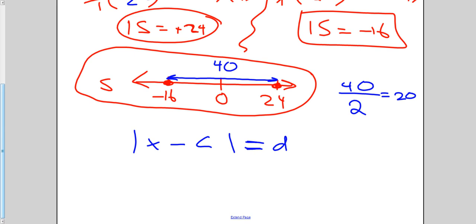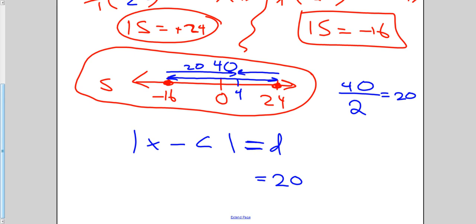And that's going to give me the distance away these end points are from their central value. So the distance away from the central value is 20. And so if I go 20 from negative 16, I end up at positive 4.